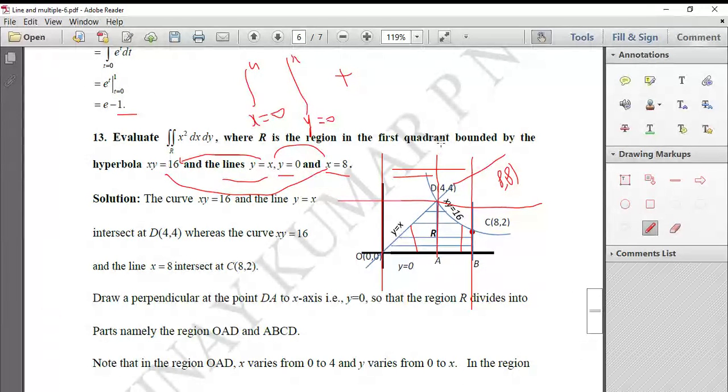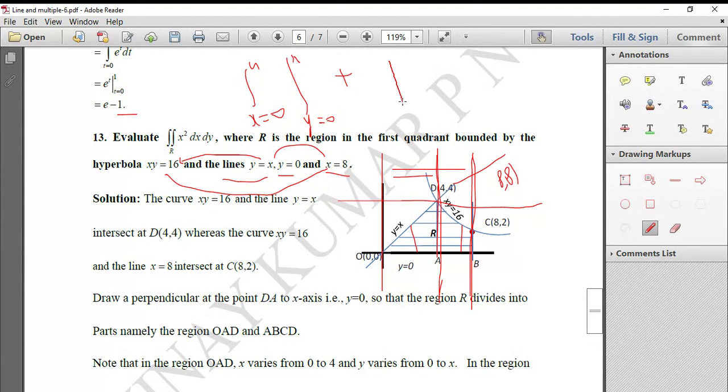Next, this is again the x varies from where to where? Yes, obviously x varies from 4 to 8 and y varies from, what about this height? This height is y varies from 0 to here. What is this height? Y is equal to 16 by x.